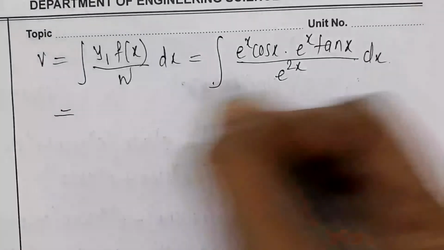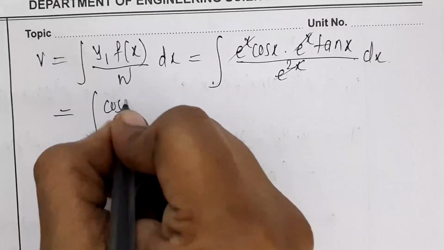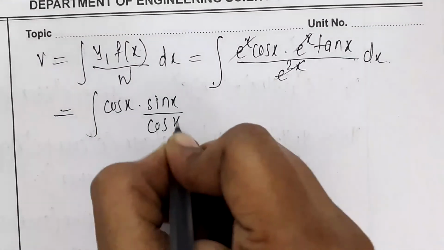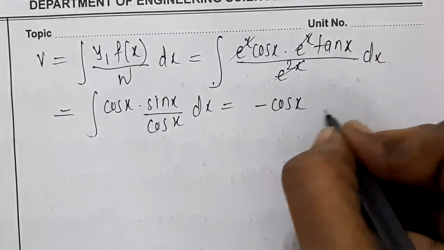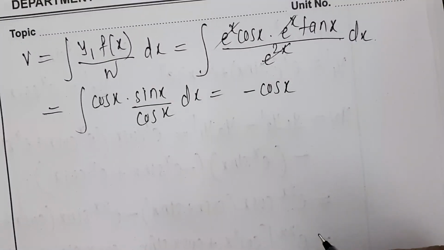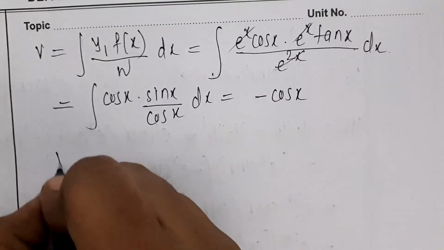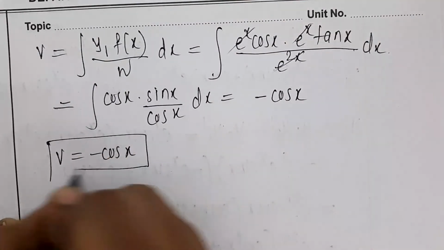So e^2x gets cancelled. Integration of cos x multiplied by sin x divided by cos x dx is equal to integration of sin x, which is minus cos x. So the v value we obtained is minus cos x. This is the value of v.